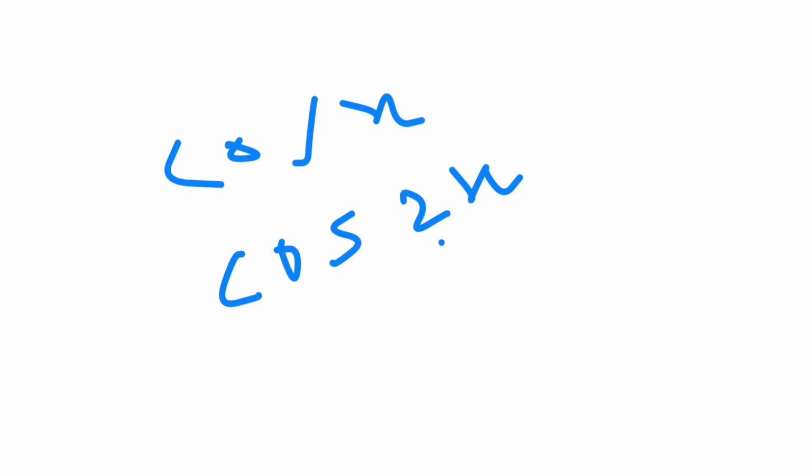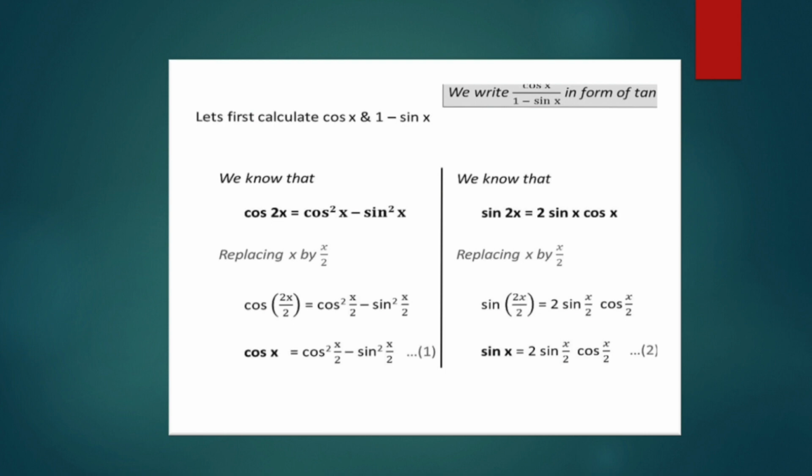To make it cos 2x, we divide x by 2, then it becomes x again. So cos x is equal to cos square x by 2 minus sin square x by 2. We denote this as equation 1.